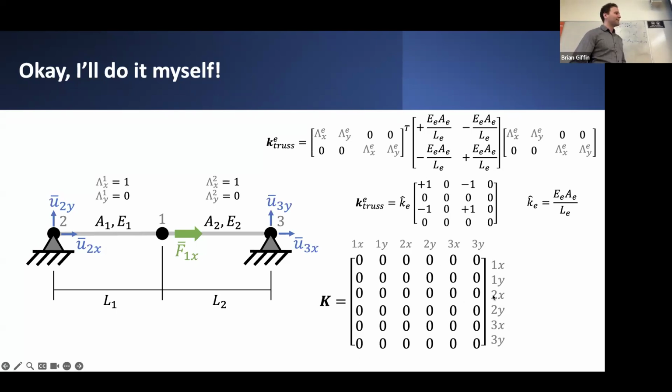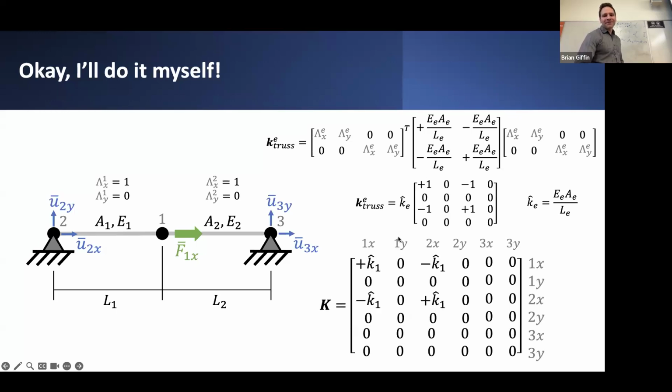So let's populate it all with zeros and then sum in the appropriate entries, the element stiffness matrix for element 1, which has nodes 1 and 2. Which means we're going to be summing entries into rows and columns 1 through 4, corresponding to the degrees of freedom associated with nodes 1 and 2.